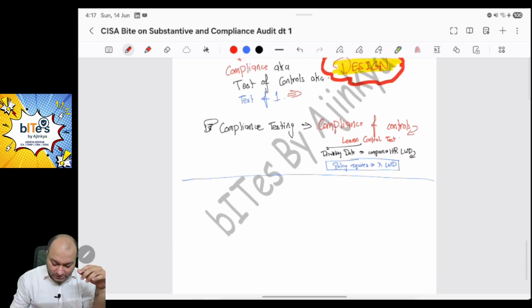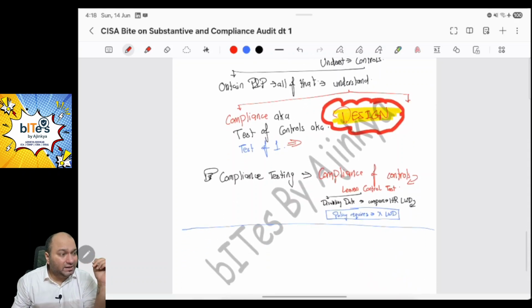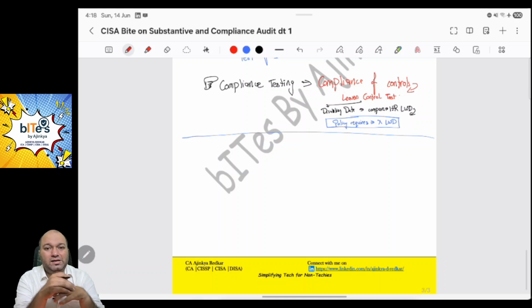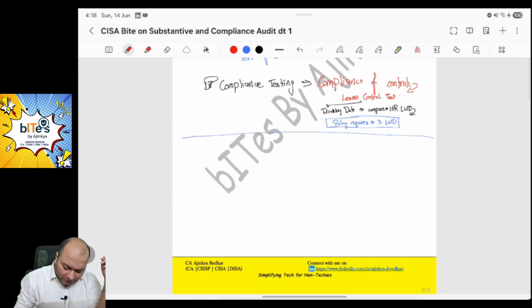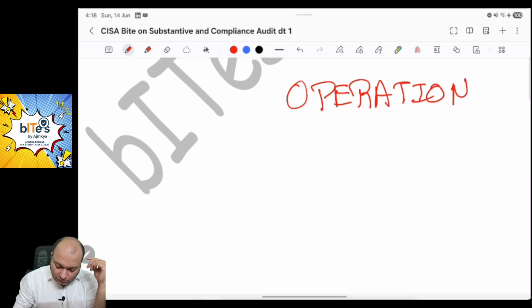Now, the next question is, what is substantive testing? Now, in compliance testing, the auditor has established that the control is designed effectively. The control is in compliance with the policy. Now, in substantive testing, the auditor checks whether the control was in operation throughout the year or not. So, if I have to target only one word, we'll say operation of control.